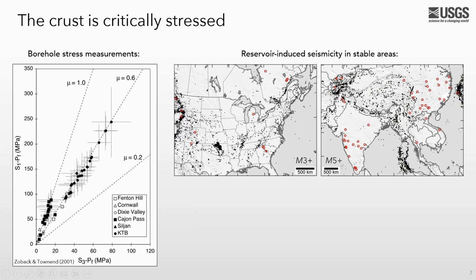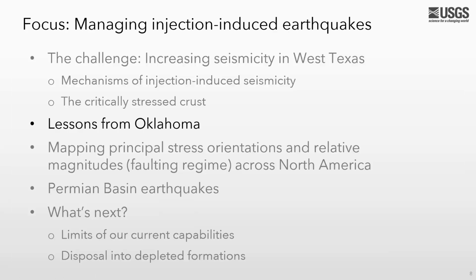And in many cases, it appears that reservoir impoundment, which is a very small increase of stress and maybe a little bit of pore pressure near the surface relative to the stresses already stored in the crust, can trigger, in some cases, very large earthquakes, up to magnitude 7+ in parts of Asia that are otherwise stable, like the Indian Shield and Eastern China here, and quite a few people have been killed by some of these earthquakes. So it's just another indication of the likelihood that we're dealing with critically stressed conditions, even where the strain rates are low.